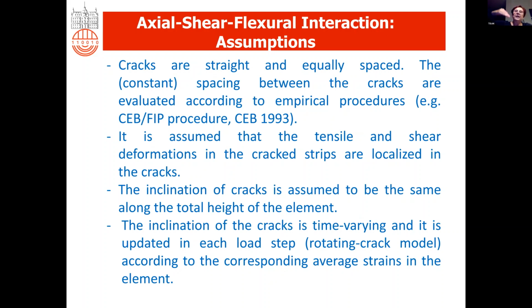And the inclination of the cracks is assumed to be the same along the total height of the element. And this inclination of the cracks is defined based on the average stress in the element, following the inclination of the compression diagonals which are formed in the element.